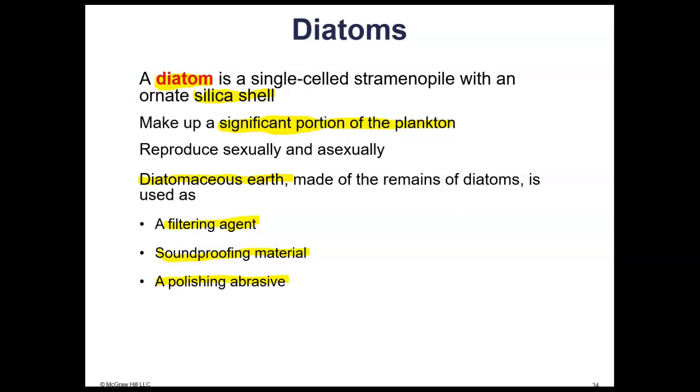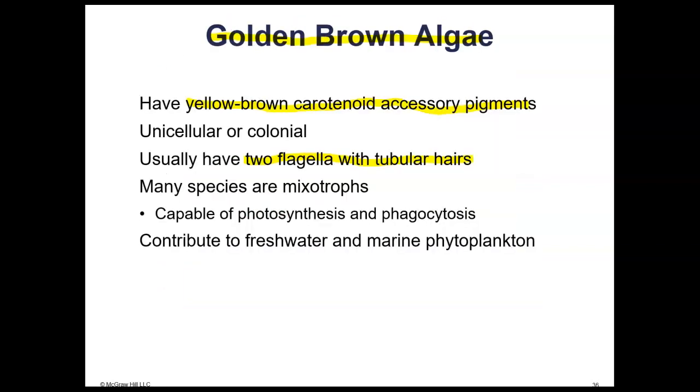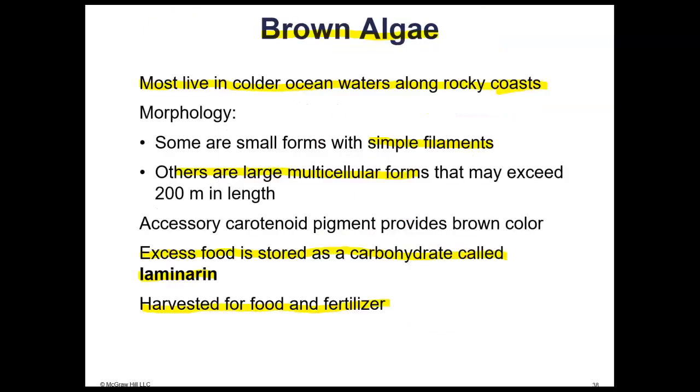Okay. Now we're going to move on to the Straminopiles, diatoms, which are composed of silica, which is glass. They are composed of a glass shell. They're very beautiful. The golden brown algae, the brown algae, these are all Straminopiles within the supergroup Chromalveolata.